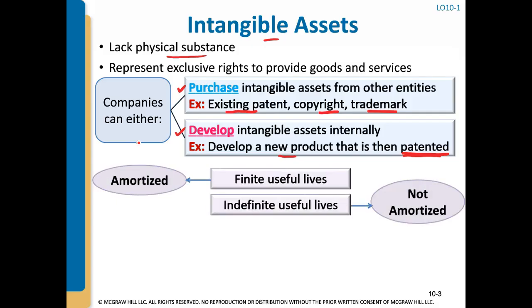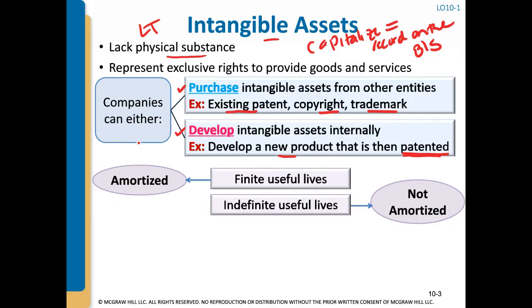After you capitalize an intangible asset, which, if you recall, to capitalize an asset means that you're going to record it on the balance sheet. In this situation, they are going to be long-term because intangible assets are long-term assets.